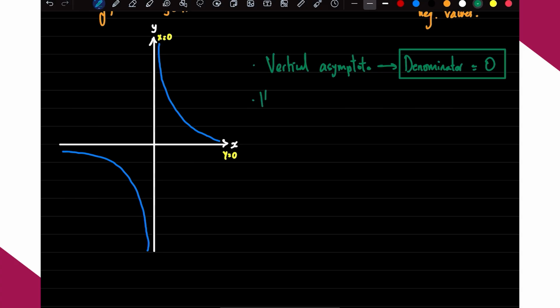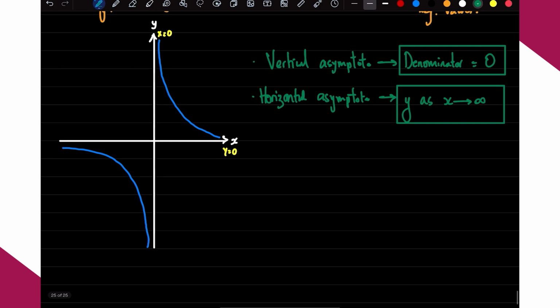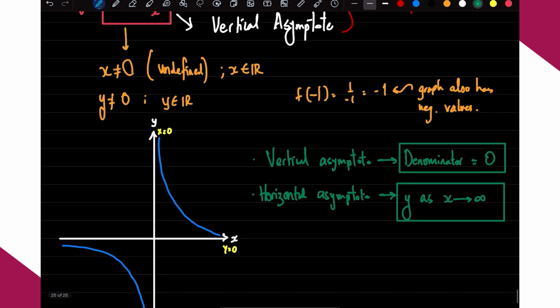And the horizontal asymptote is basically y as x reaches infinity. Now, finding horizontal asymptotes is a bit tricky and can vary, and there are types of asymptotes that we also want to find out. Okay, so we want to talk about those asymptotes a little bit later. We don't want to talk about them right now.